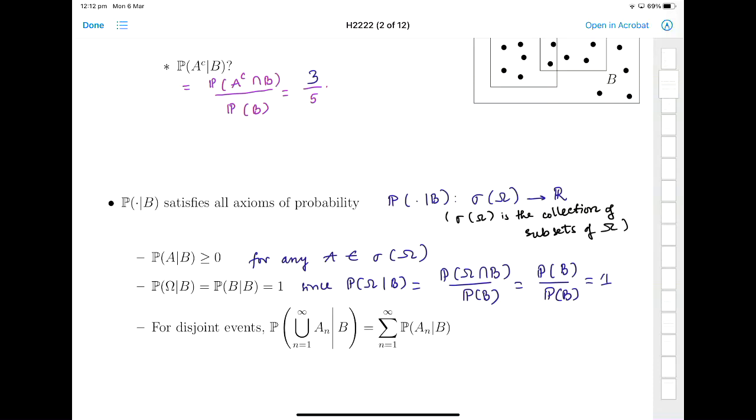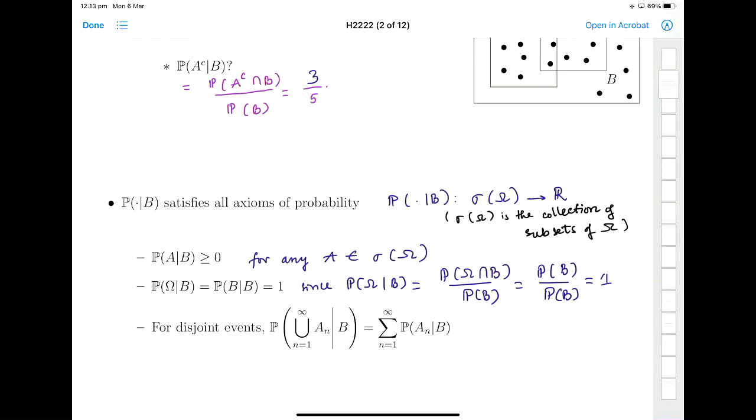And you have another property for the measure property function, which is that the probability of the union of disjoint events equals the sum of probabilities, which means that you have the last equality.